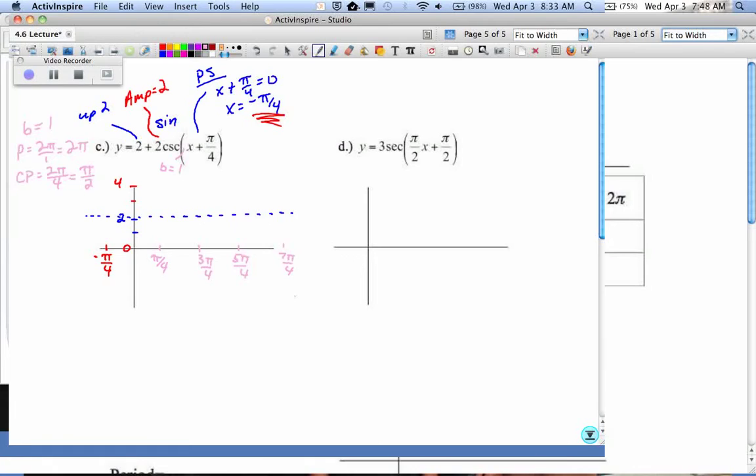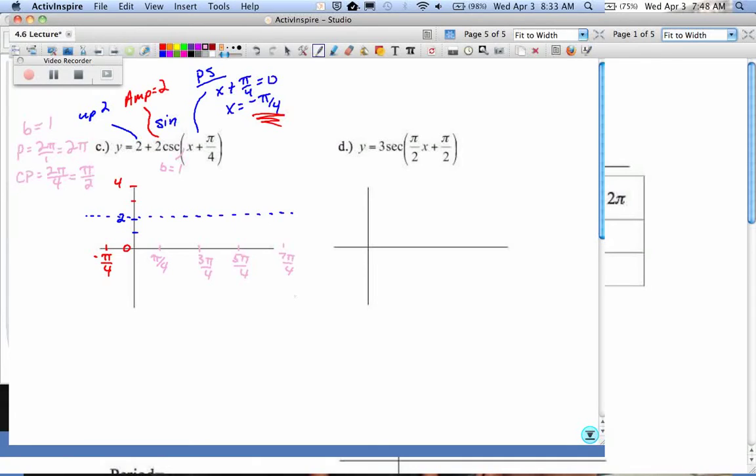Now, because this is a sine and cosine function, we can take the 7 pi over 4 minus the negative pi over 4, which will give me a total of 8 pi over 4, which matches the 2 pi period of the function.